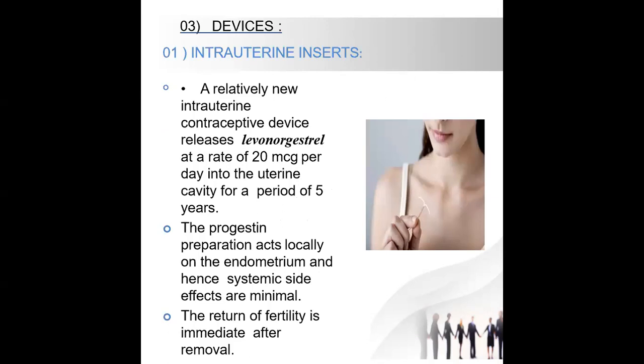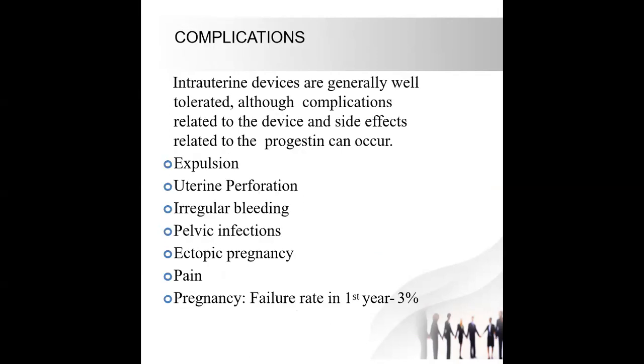So these intrauterine devices, which consist of levonorgestrel, can release 20 micrograms per day into the uterine cavity sustainedly for a period of 5 years. The progestin preparation acts locally on the endometrium, and hence systemic side effects are minimal. So the return of fertility is immediate after the removal of the intrauterine device.